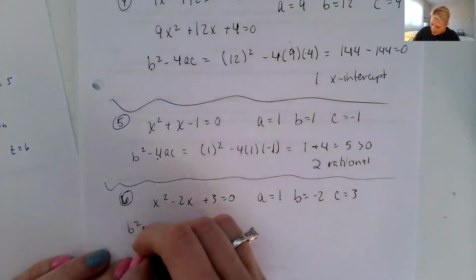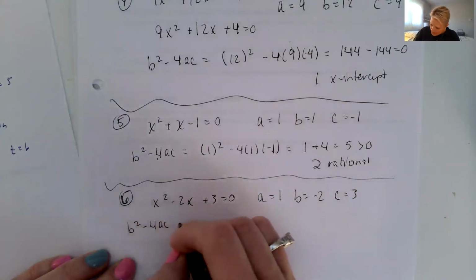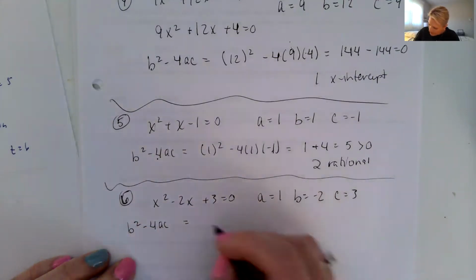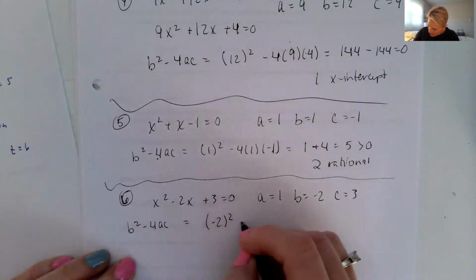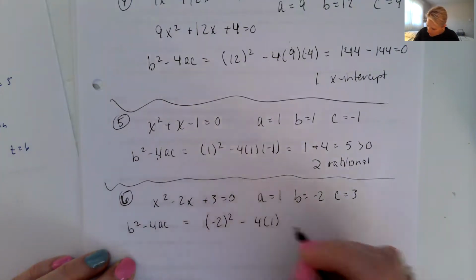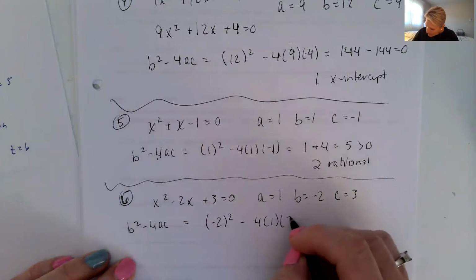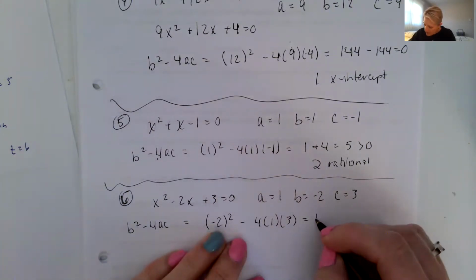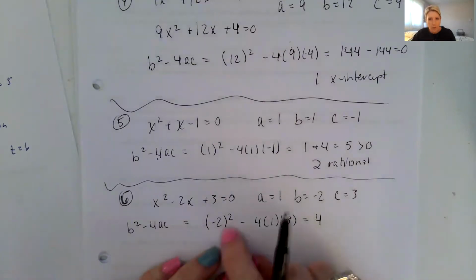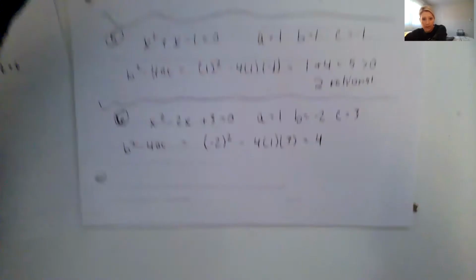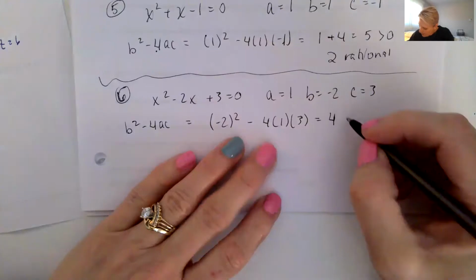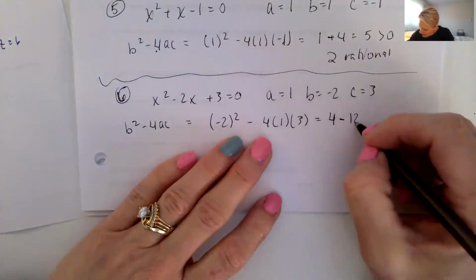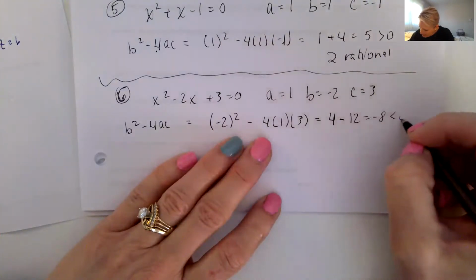So b squared minus 4ac is b is a negative 2 squared minus 4 times a is 1, c is 3. So a negative 2 squared is a positive 4. Remember, the b squared should always, no matter what, turn out to be a positive. So 4 minus 12 is a negative 8, and that's less than 0.